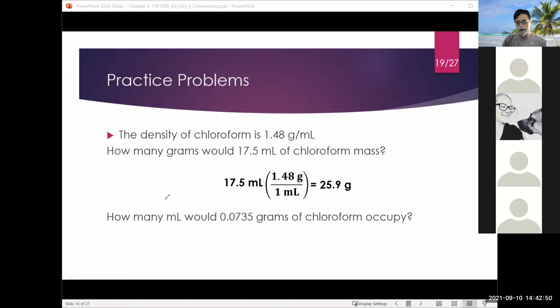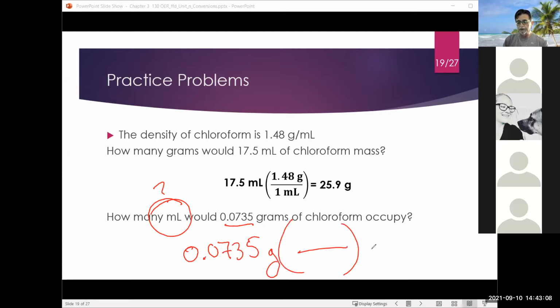They're asking you, how many milliliters would 0.035 grams of chloroform occupy? So like we've done before, we write down what we're given, grams of chloroform. Obviously, we're going to have a conversion factor here, and we're looking for units of milliliters. All right, so we want grams in the denominator and milliliters in the numerator.